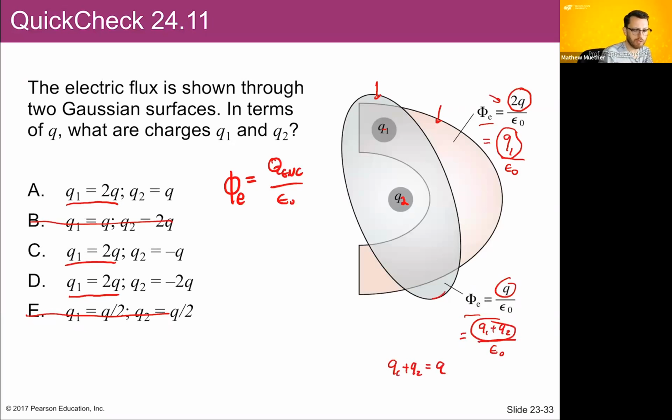But I know that Q1 is just equal to twice Q. I solved that before. So what does Q2 have to be for this equation to work? It better be equal to minus Q. So I can see here that the answer has to be C, that Q1 is twice Q and Q2 is minus Q.